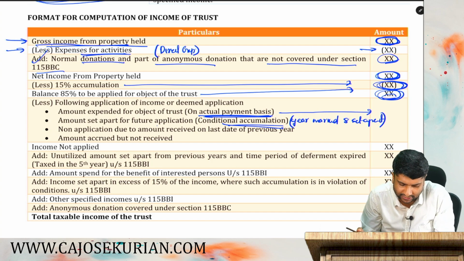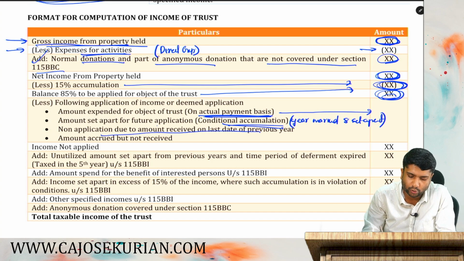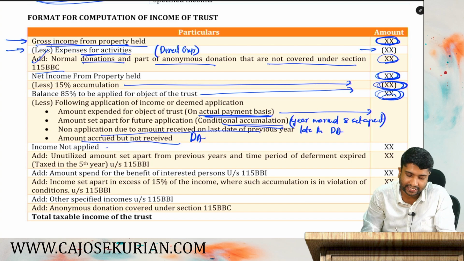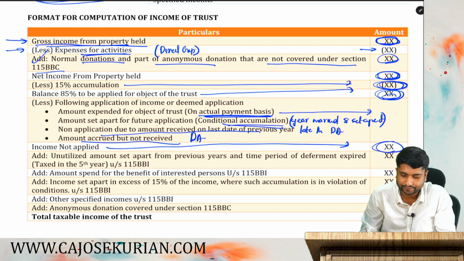That is also allowed as a deduction. Non-application due to amount received on the last day of the previous year, late receipt, is deemed application. Then amount accrued but not received, that is also deemed application. These items you can deduct. The remaining is income not applied.